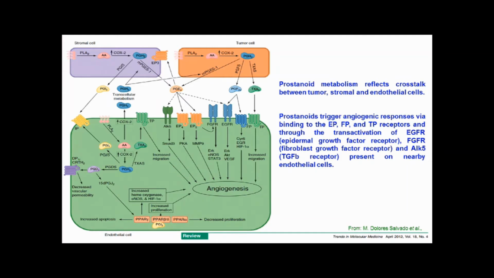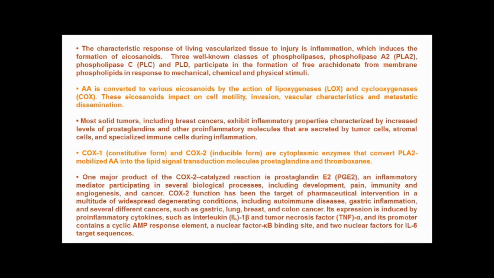You get changes in cell proliferation, and this occurs through both autocrine as well as paracrine signaling in cancer cells, and with crosstalk between stromal cells and endothelial cells and cancer cells.